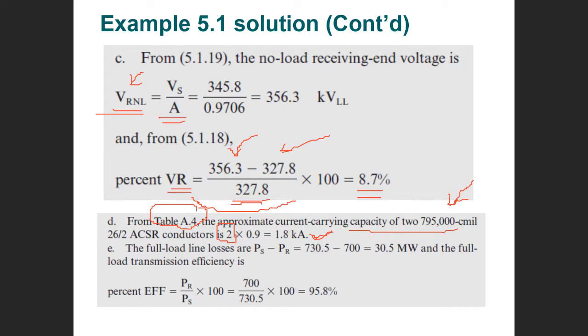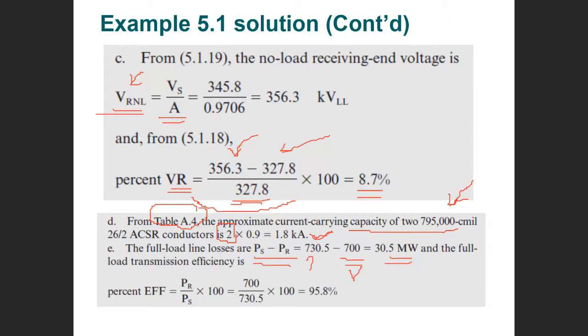The full load line loss, of course, line loss means the sending end minus the receiving end. So this will be 30, that was 700. Okay, that was 700 given, not 730 as I mentioned earlier. So this is 30.5 megawatt. This is given in the problem statement, and this is what you found.